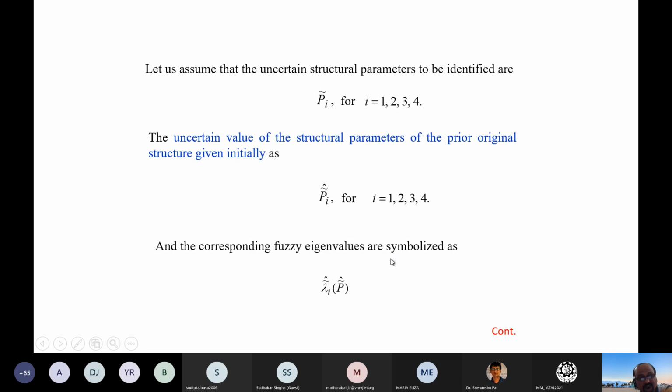And the corresponding fuzzy eigenvalues are symbolized accordingly, because if I have the structural parameters from 50 years before, I can find the eigenvalues, eigenvectors, etc. Using this and the current experimental values, we want to find today's structural parameters. Then, seeing those values of the stiffness, I can say whether the structure is safe or not. This procedure can be used for any other problems. Suppose I want to know the damage in an aeroplane, this small idea can be extended.